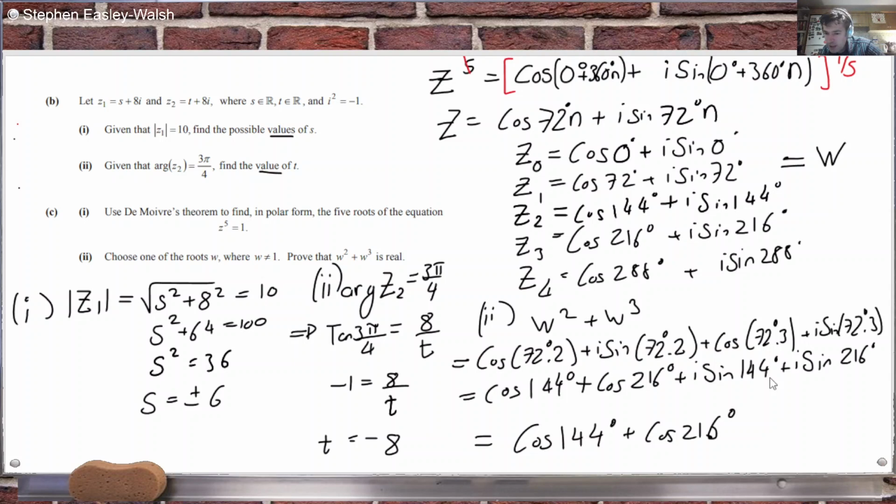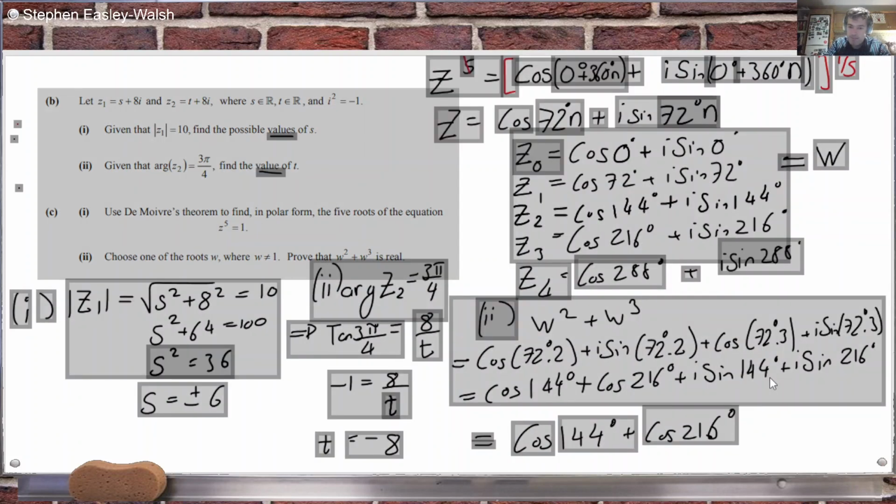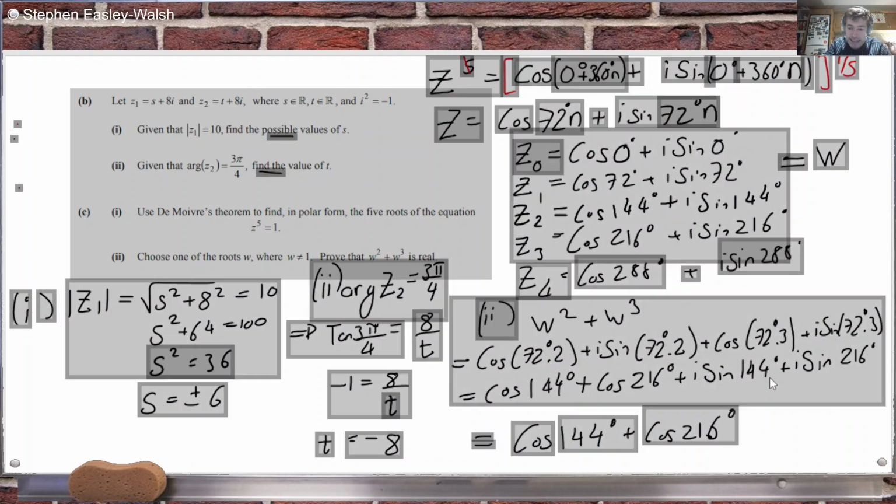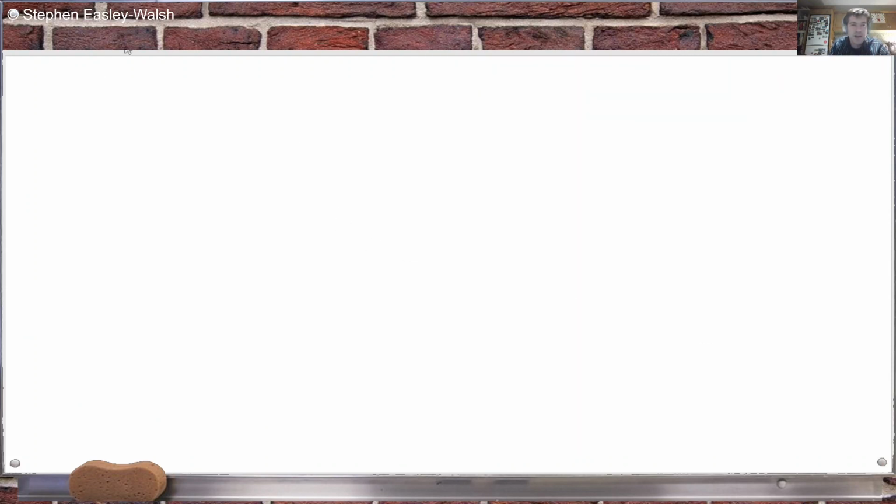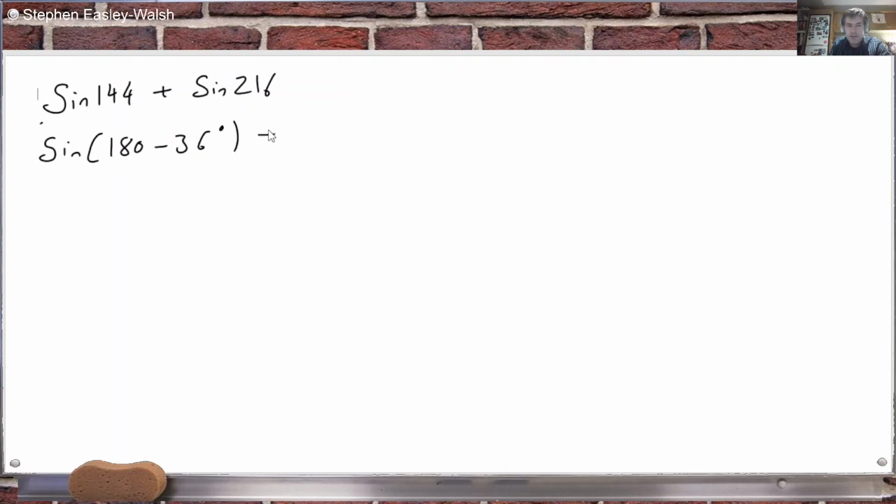Sine 144 and sine 216. So for anybody who needs to see it, sine 144 plus sine 216 would equal sine of 180 minus 36 plus sine of 180 plus 36.